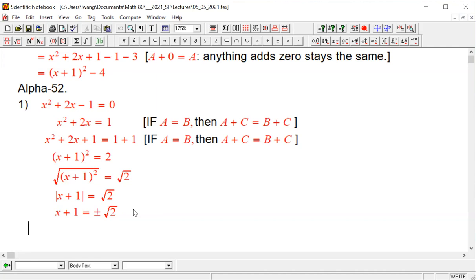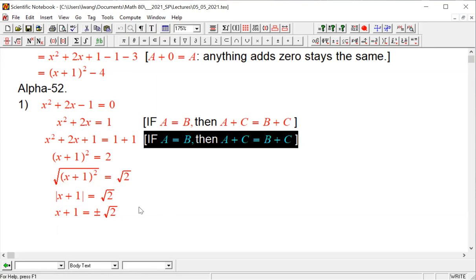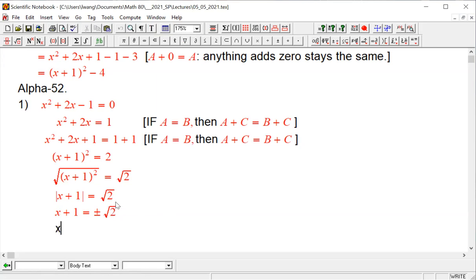And last but not least, we're going to isolate x. So we're going to use this principle one more time. We subtract 1 on both sides. So x equals -1 plus or minus the square root of 2. So we have two solutions. Do you follow me?